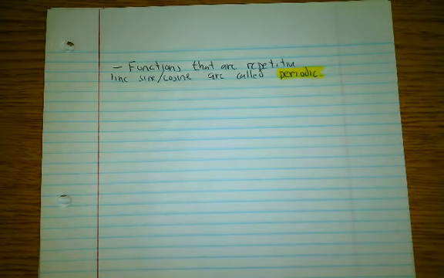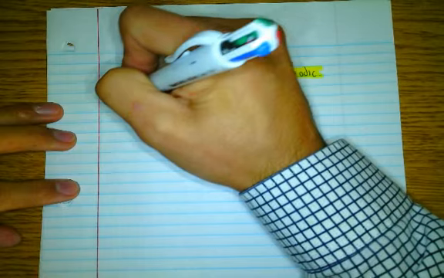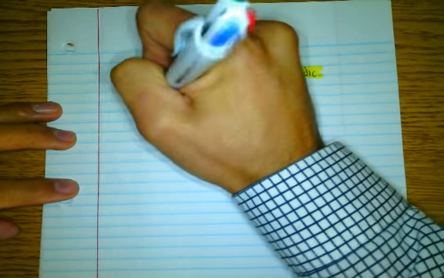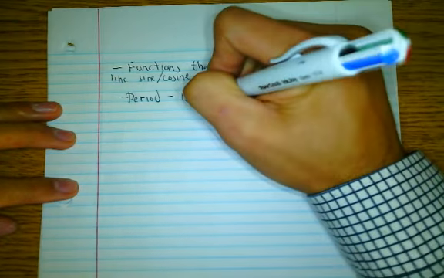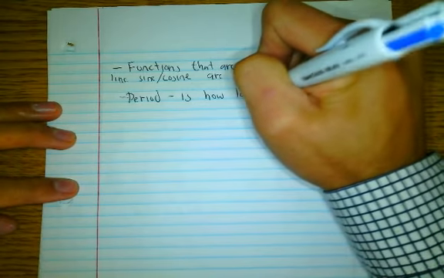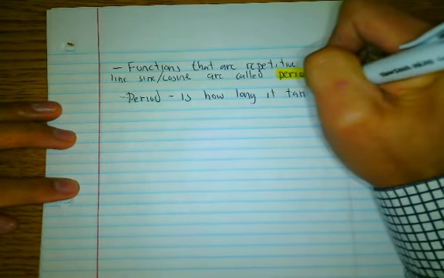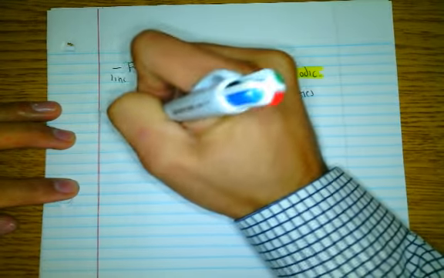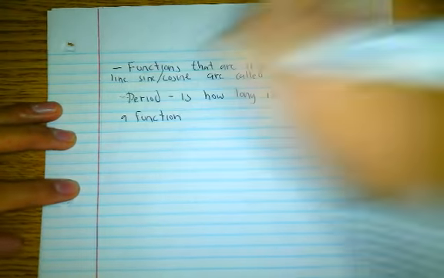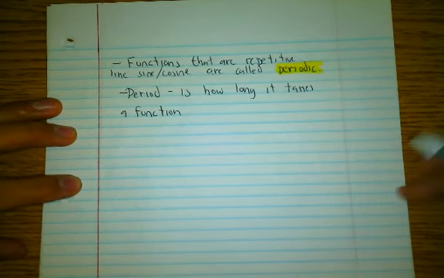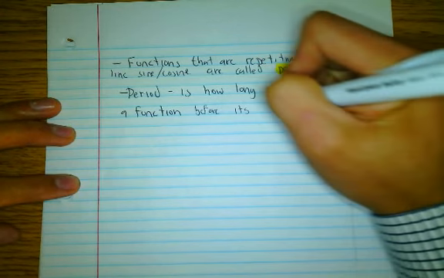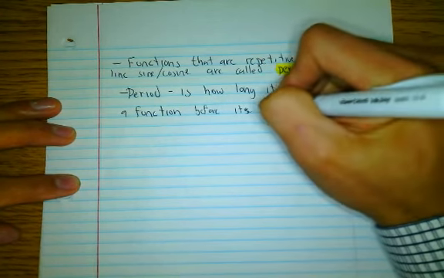A period is how long it takes a function before it begins to repeat itself.